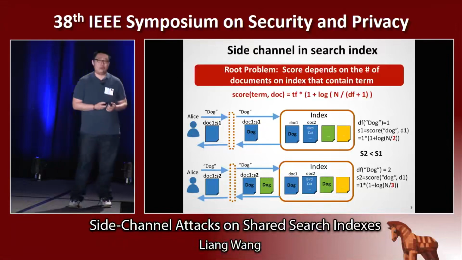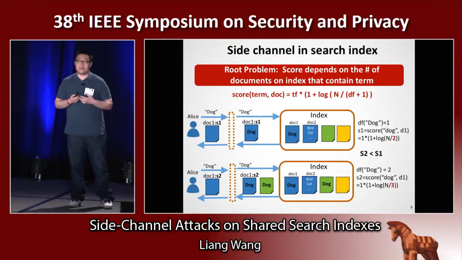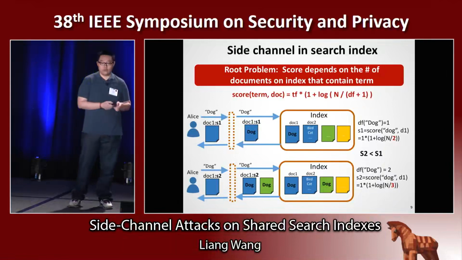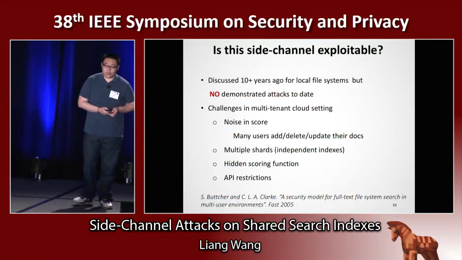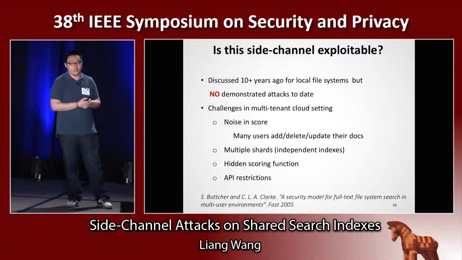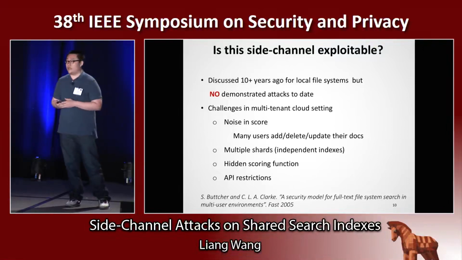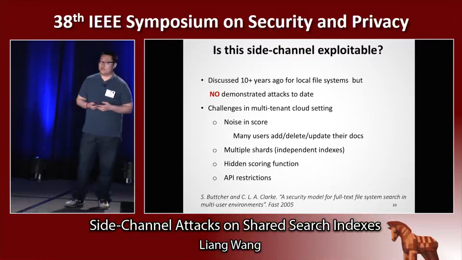The root problem is that the relevance score computation depends on all the documents that contain a given term, not just the documents that belong to Alex. This is called the DF side channel. Butcher and Clarke discovered this side channel about 10 years ago in the context of a search engine in a local file system.